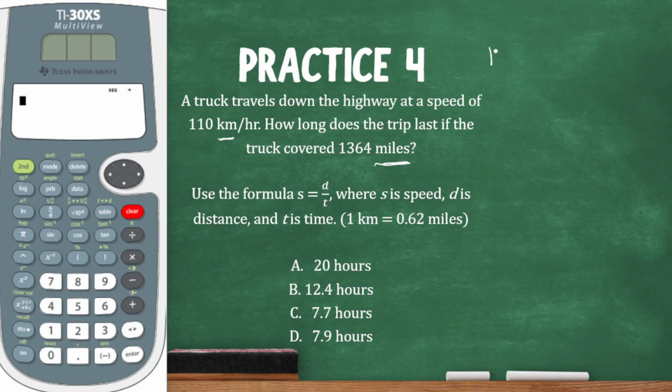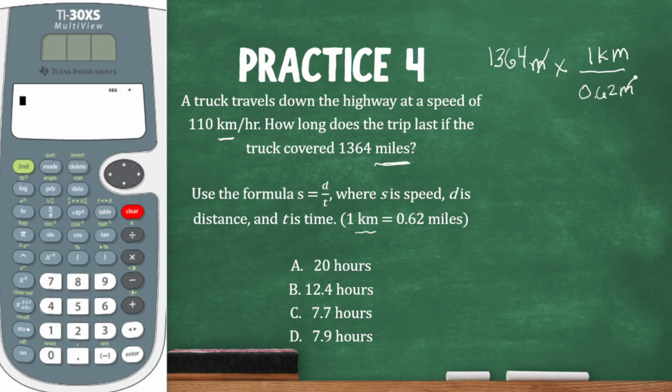So we've got 1364 miles. And I'm going to multiply that by the conversion in a fraction form. So 1 kilometer equals 0.62 miles. If I'm starting off with miles, I'm going to put that miles part on the bottom. And then the other part, 1 kilometer, I'm going to put on the top.